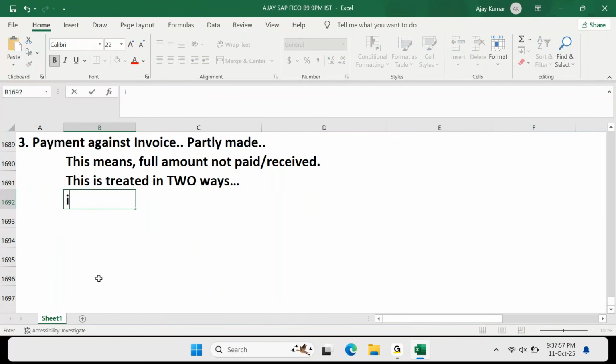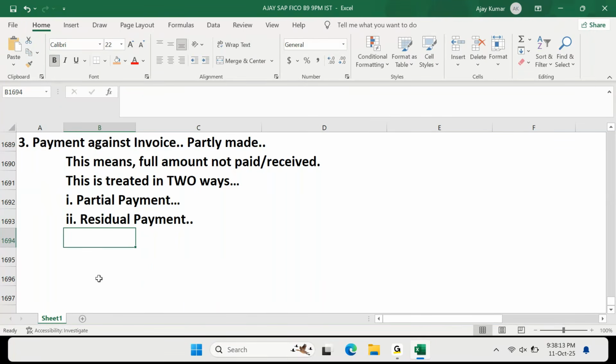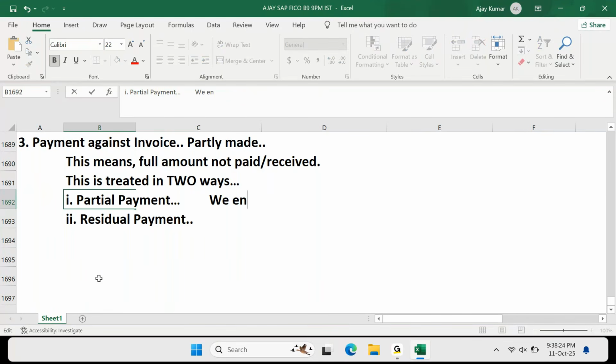First one is partial payment. Second one is residual payment. Clear? First one is a partial payment. Second one is a residual payment. Partial payment means here we enter the payment amount.